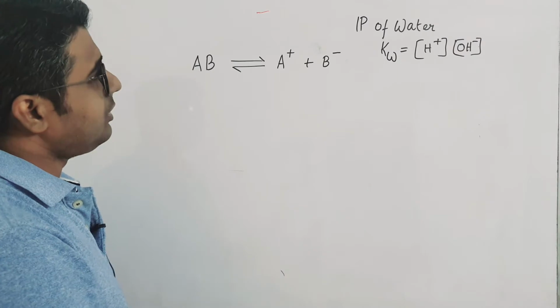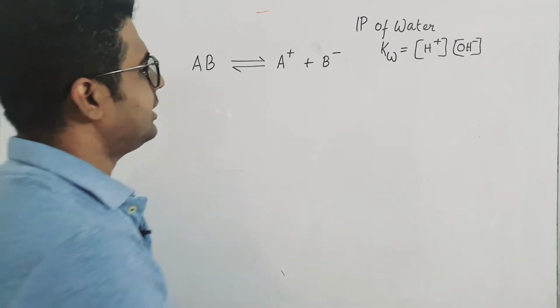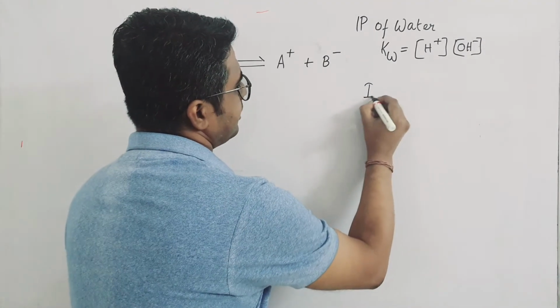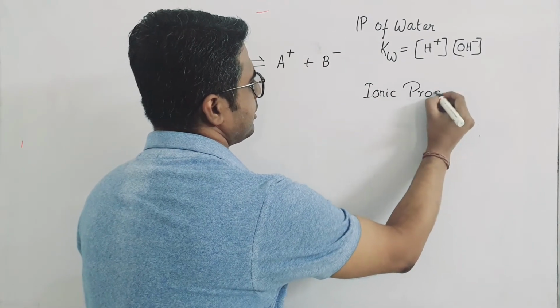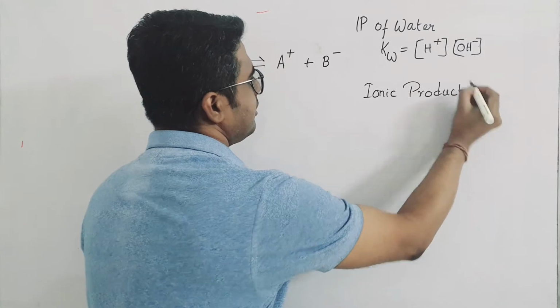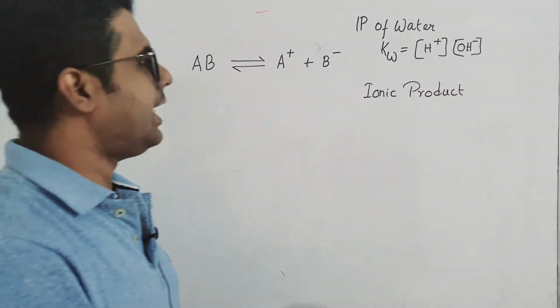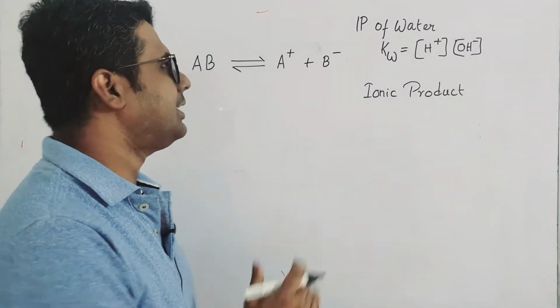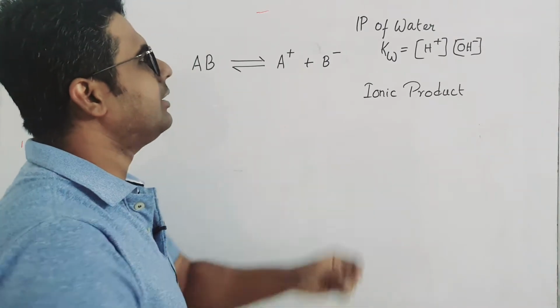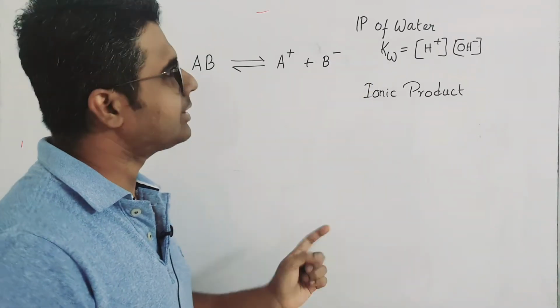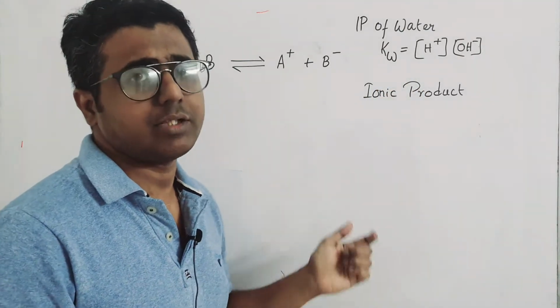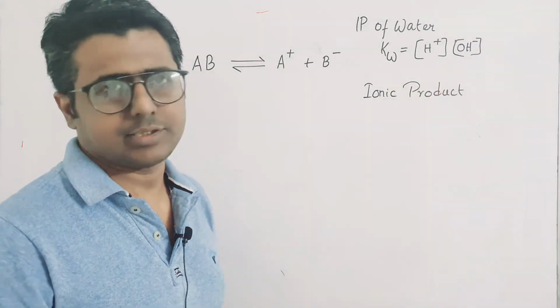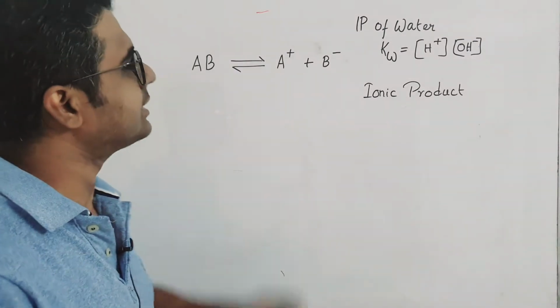So now we are going to study something called ionic product. What is ionic product first of all? It is very similar to the ionic product of water. In the case of water it was H plus and OH minus because those were the dissociated ions. So what should the ionic product be in this case?